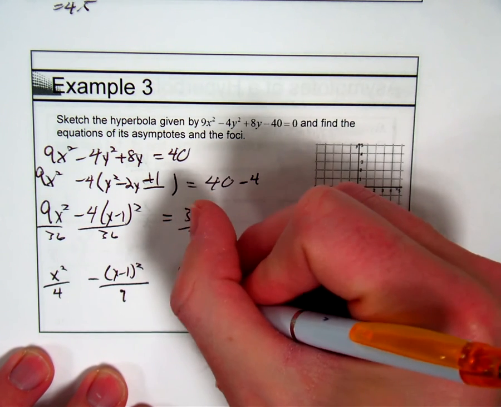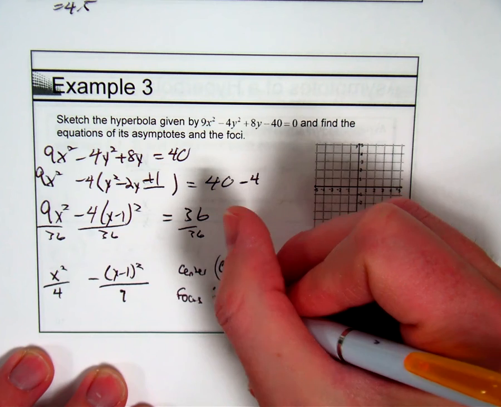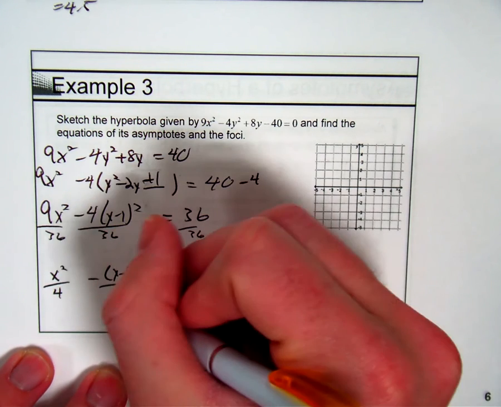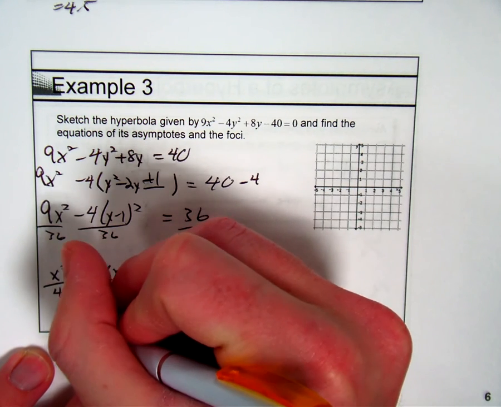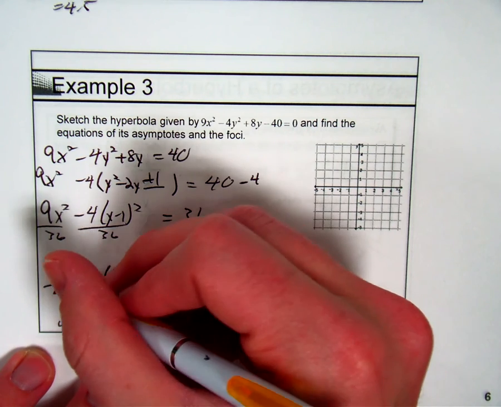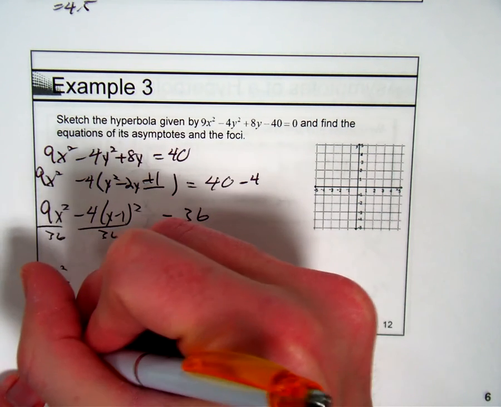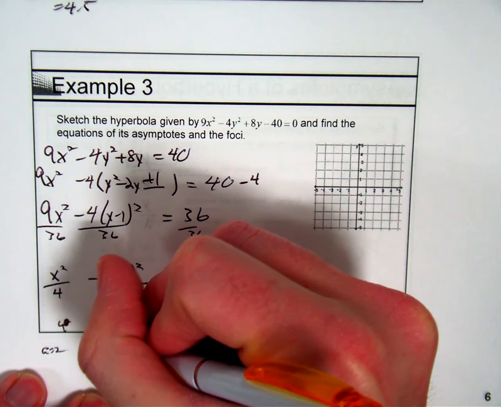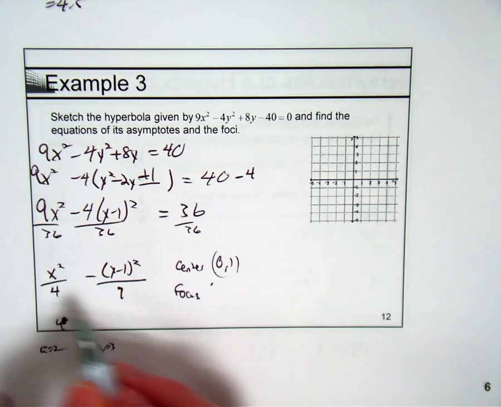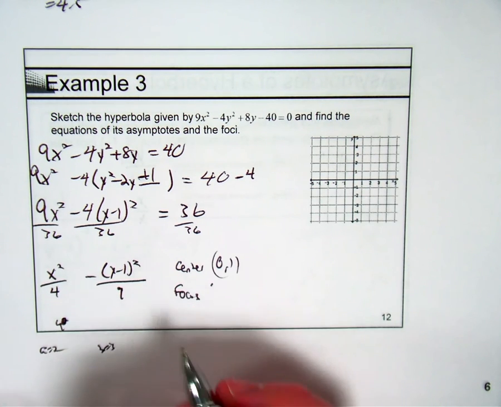Focus points. Alright, so let's see. We're going to have 4 squared. Nope, that is 4. So A is 2 and B is 3. So 2 squared is 4, 3 squared is 9. Add those together, 13.